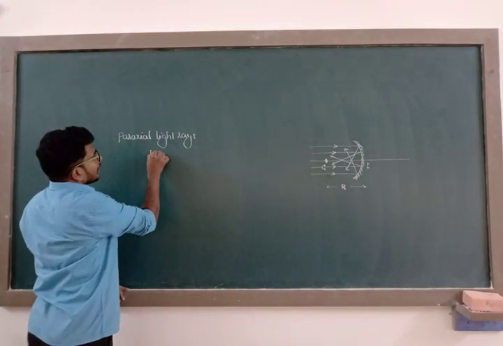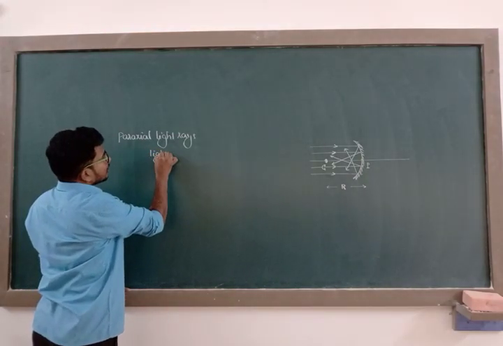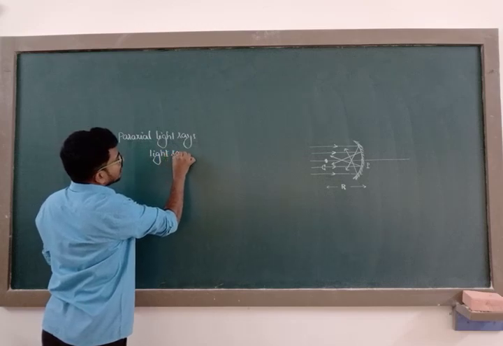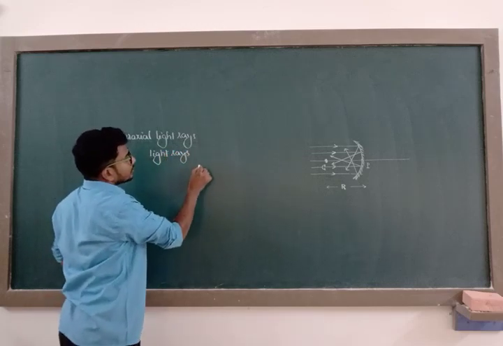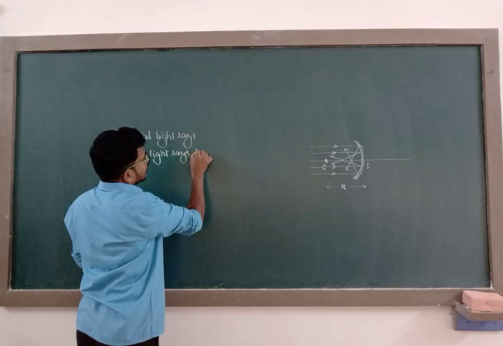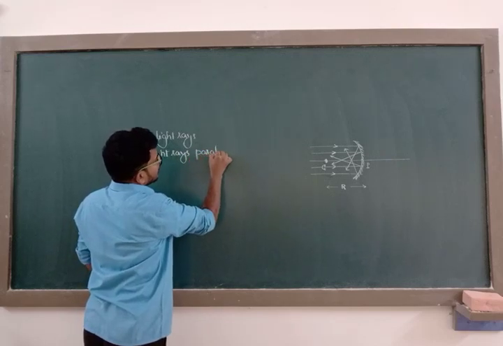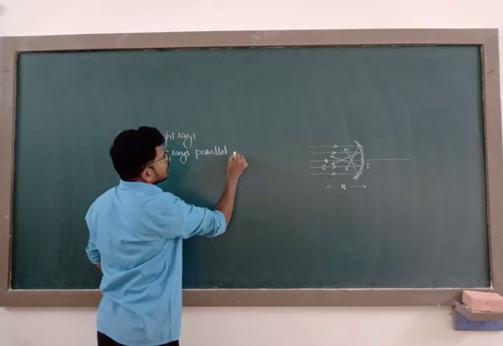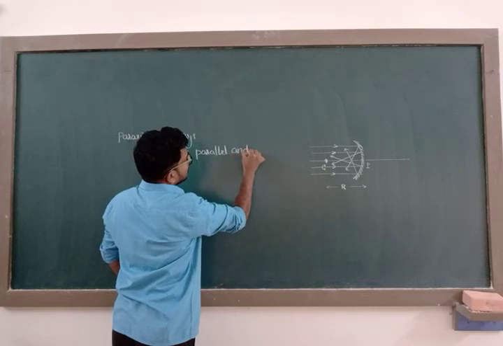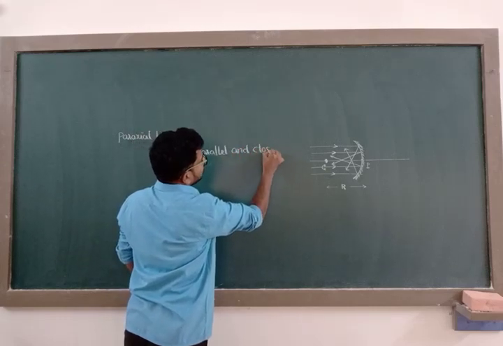So here, paraxial light rays are parallel and close to the principal axis.